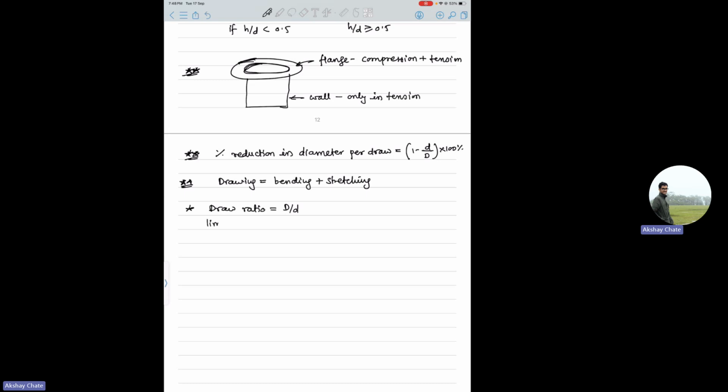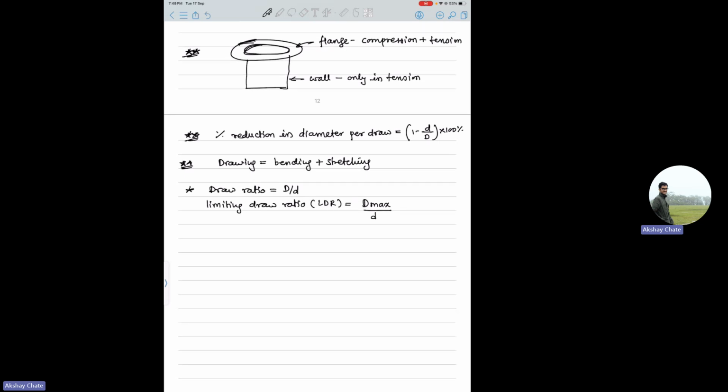And then there is something called limiting draw ratio, which is defined as LDR. LDR is the maximum blank size for which you can have d diameter. So the draw ratio usually should be less than this, but what happens if D by d is greater than the LDR?